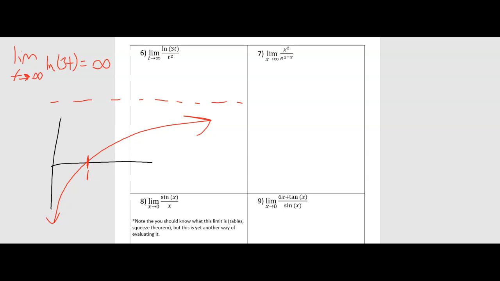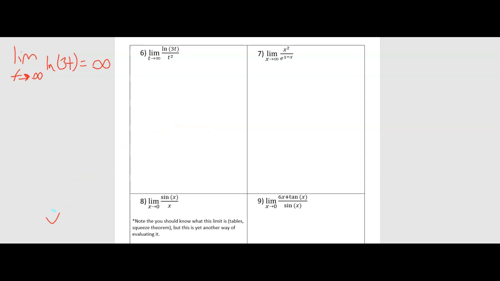It does slowly continue to increase without bound as the x values get larger. So it will approach infinity as t or x approaches infinity. Check our denominator. Limit as t approaches infinity of t squared. Well, that is certainly going to approach infinity. And we have an indeterminate form.